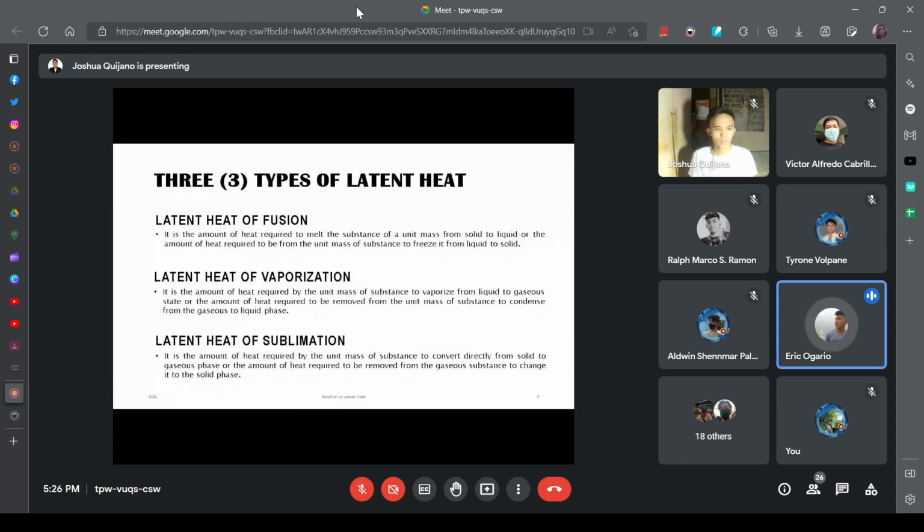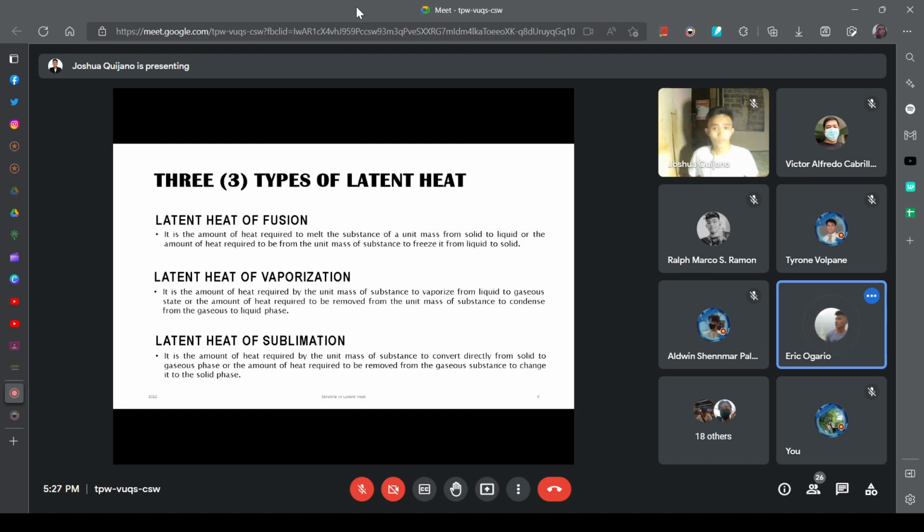The 3 types of latent heat. Latent heat of fusion. It is the amount of heat required to melt the substance of a unit mass from solid to liquid, or the amount of heat required to be removed from a unit mass of substance to freeze it from liquid to solid. So yung pinupoint niya is yung from solid to liquid or from liquid to solid. So latent heat of vaporization or evaporation.